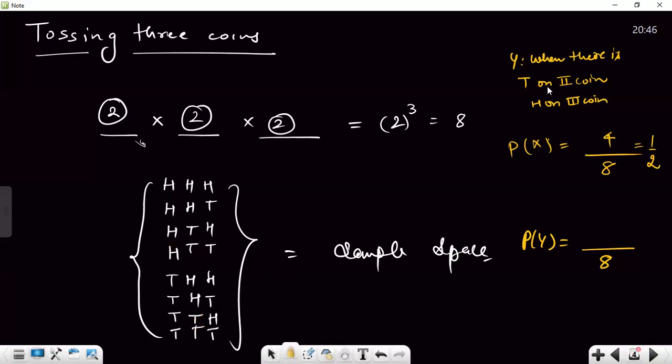Now better. So we want a tail on the second and a head on the third. Okay, this is a desirable case. Tail on the second, but no head on the third, we'll leave it. No tail on the second, leave it. Tail on second, yes, head on third, okay, one more desirable event. Tail on second, head on third, no. So only two favorable events are there, that is 1 by 4, 0.25 is our probability.